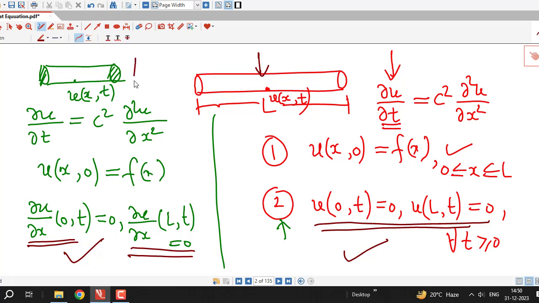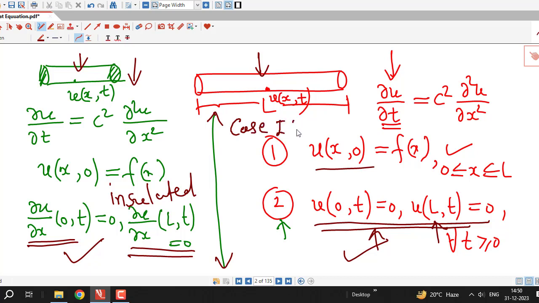In the second case they will mention that both the ends of the metal rod are insulated. That will be specified in the given problem, and in the other case you will be given the value of temperature which is 0 at both the ends. We will discuss the solution of different problems related to both the cases one by one in upcoming lectures.